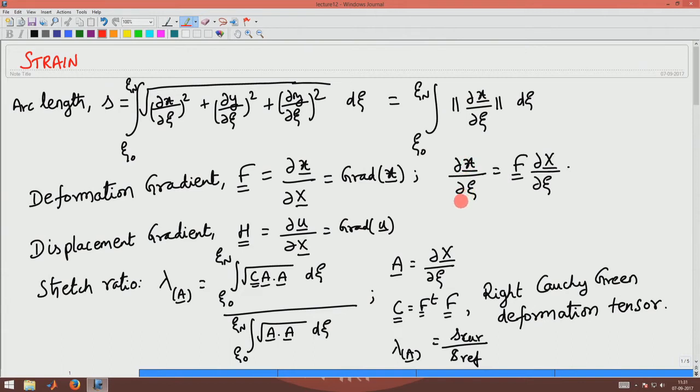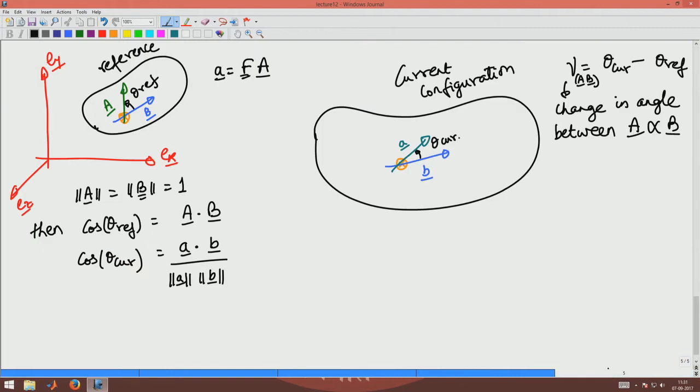Because they are straight lines, you know that we saw in the last class, small a need not be a unit vector, because F is not going to preserve the lengths. F is a matrix which will change the lengths of the vectors if the length changes actually in the deformation process. Okay. So, that is why I am dividing it by norm of a and norm of b.